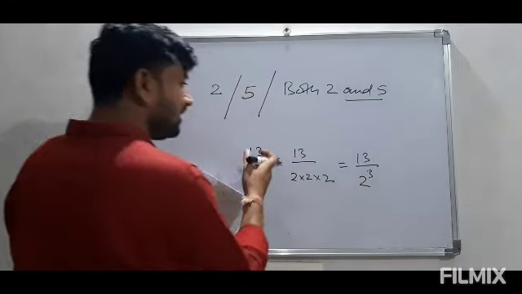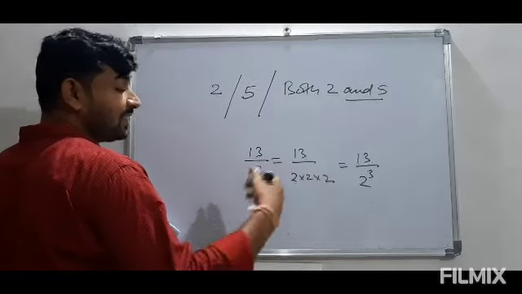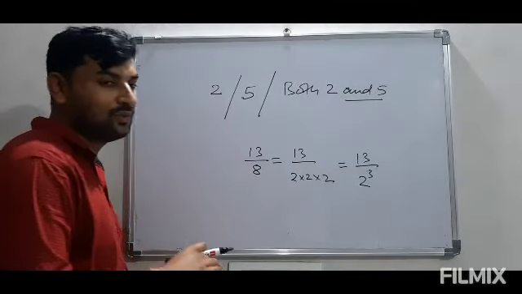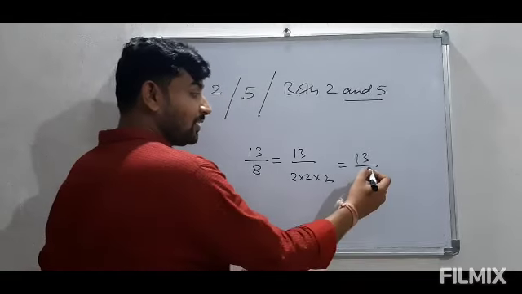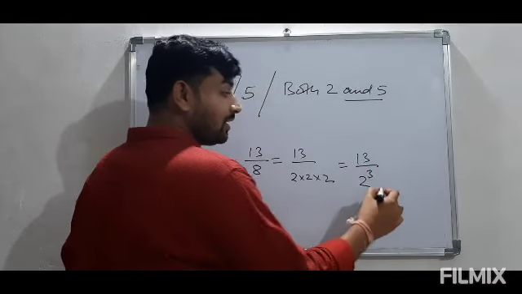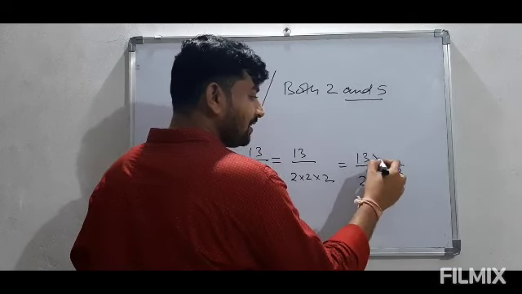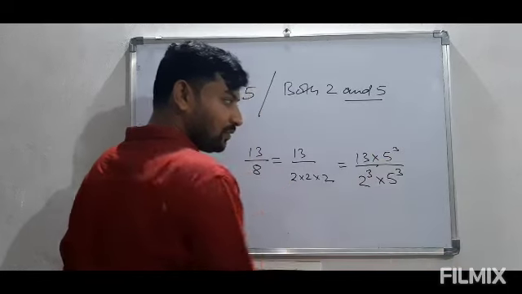This can be done by dividing 13 by 8, getting the answer and counting the number of digits. But here you don't need to divide it and get the answer, as we have written the denominator as 2 power 3. We can multiply it by 5 power 3. If you are multiplying in the denominator, it should be done in the numerator also.